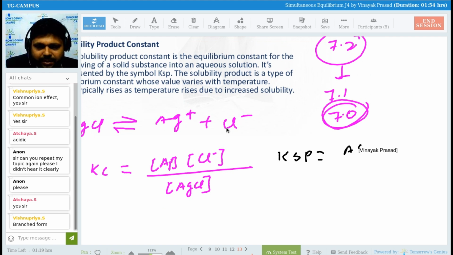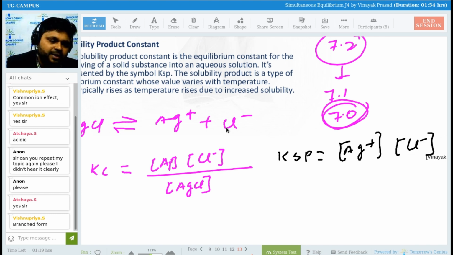Ksp will be only the concentration of Ag plus into the concentration of Cl minus. It is the product of the product side only. Is there any problem to anyone?